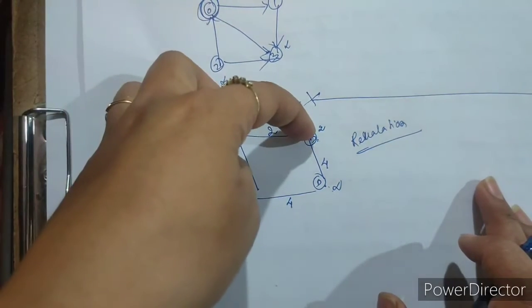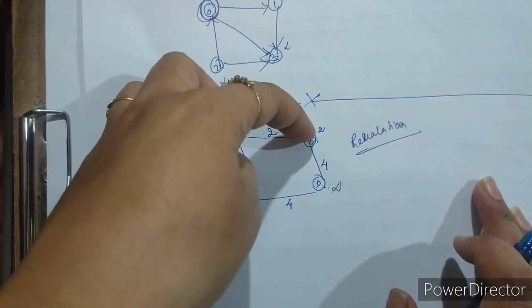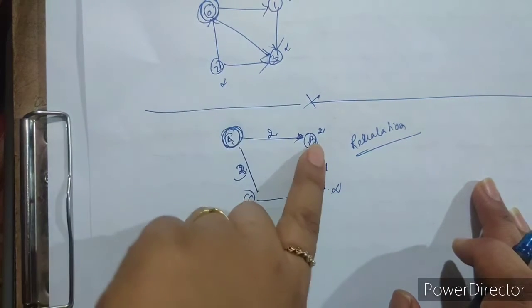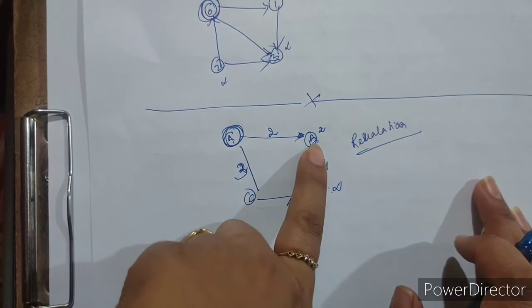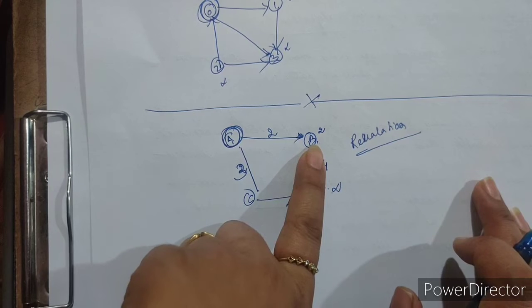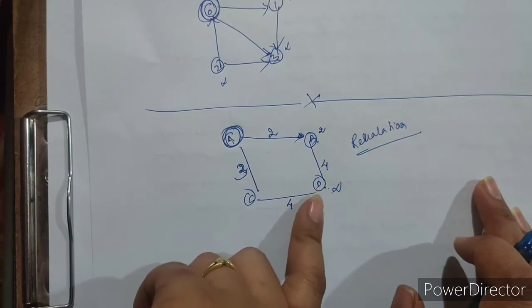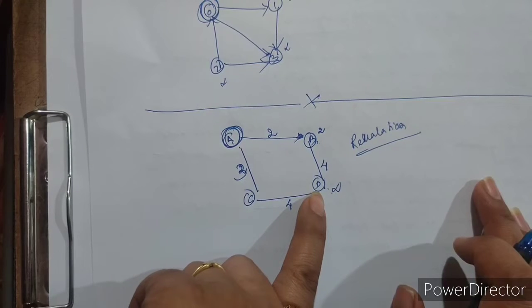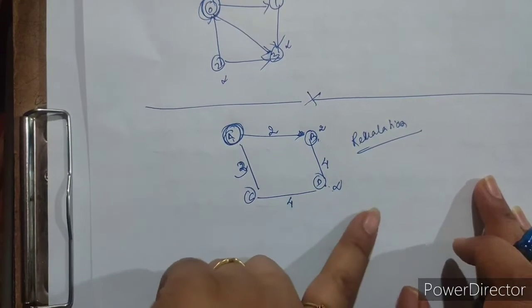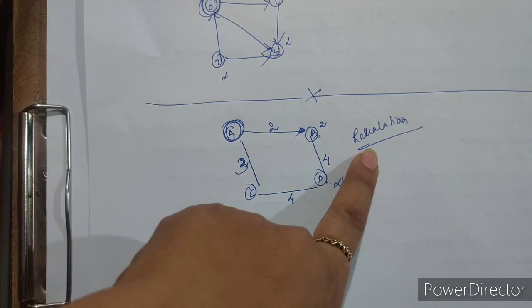Via that vertex B, is there any shorter path to another vertex, that means to D. That updation is called relaxation.